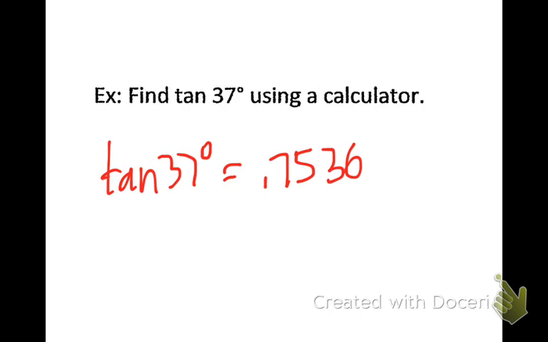I got 0.35. You got 0.7536. Oh. Right. Anybody else didn't get that? Okay.